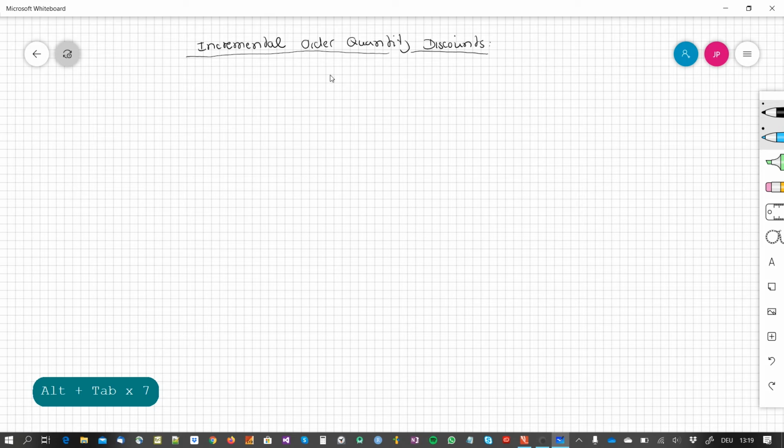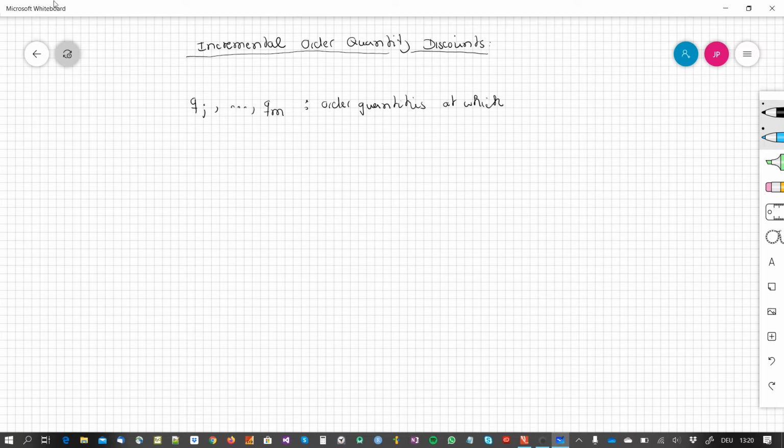So first of all, just for the sake of preciseness, I want to introduce some of the denotation that we use here. We have the little q from j, from 1 until m, and they are the order quantities defined at which our price will change.